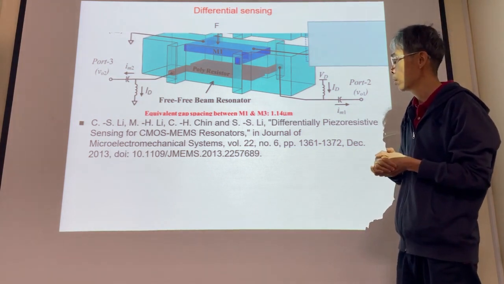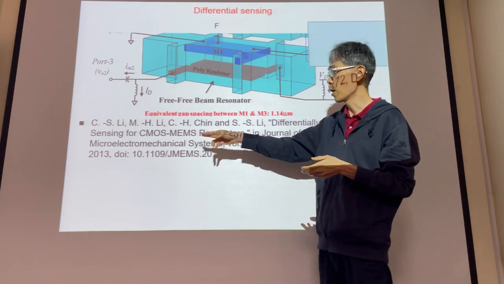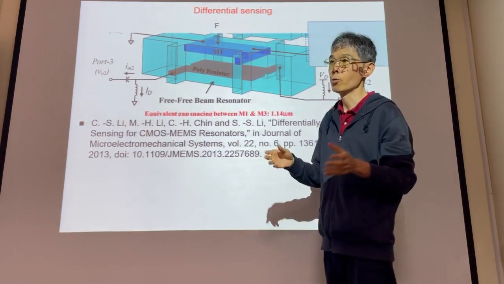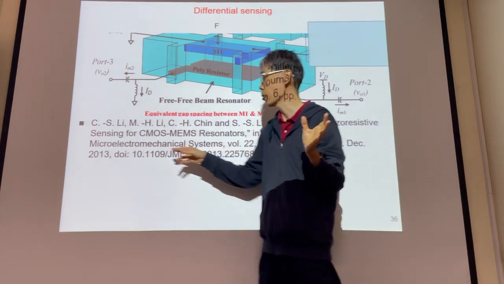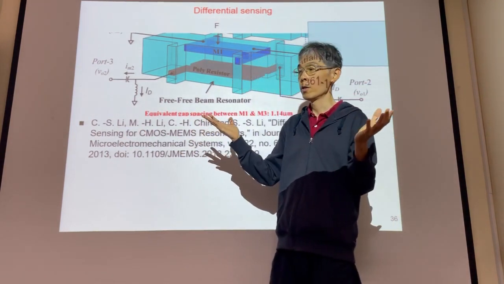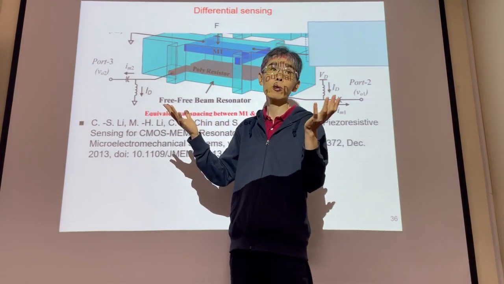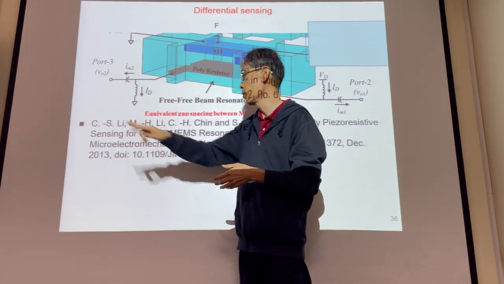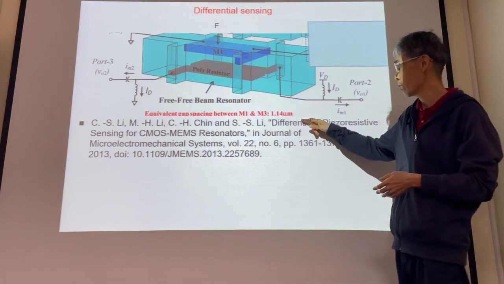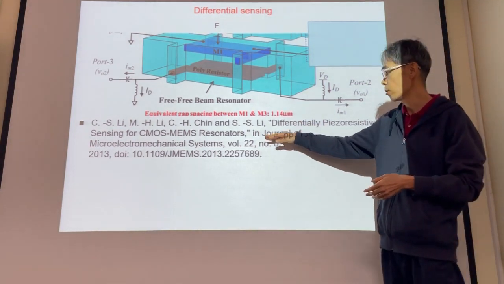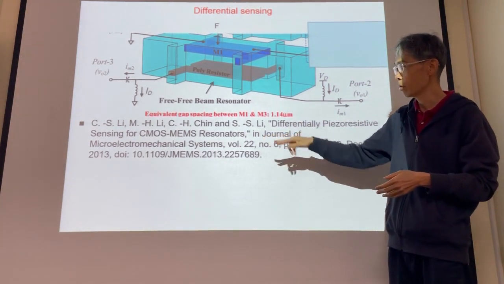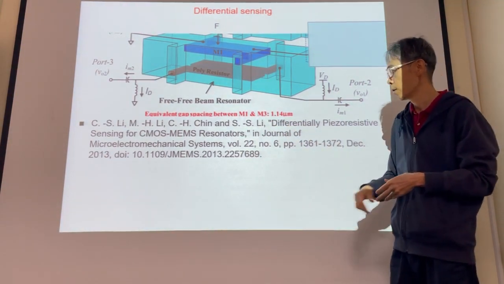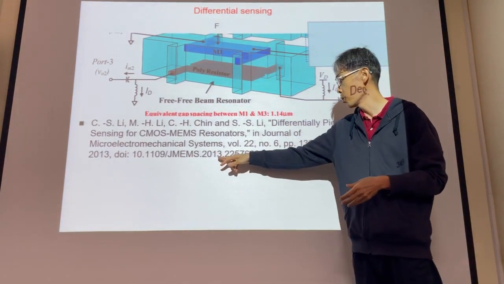Then, this work is by Lee. Usually we will call the first author the major author. So this is the paper from Lee, and this is the paper title, and this is the Journal of Microelectromechanical Systems, in the year of 2013.